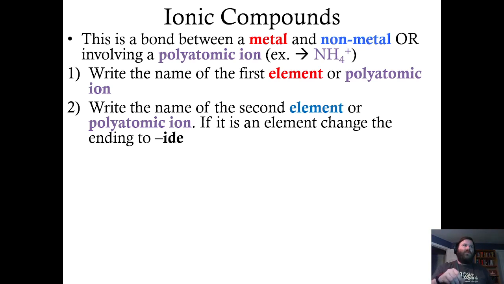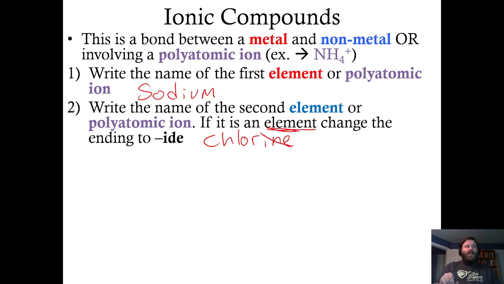So, classic example of sodium chloride. The first element is just sodium, and then you write the second one, which is chlorine. But because this is an element, not a polyatomic ion, we change that ending to be chloride.